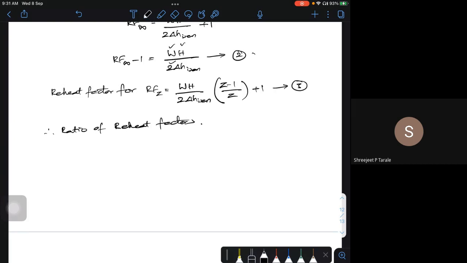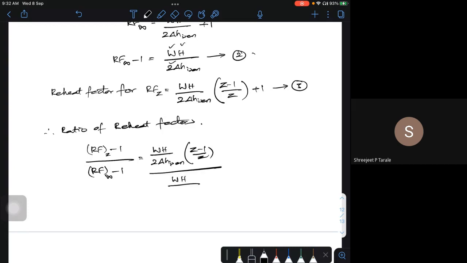If I write reheat factor Z minus 1, divided by reheat factor infinite number of stages minus 1, this will be WH by 2 times delta H isentropic into Z minus 1 by Z, divided by WH by 2 times delta H isentropic.